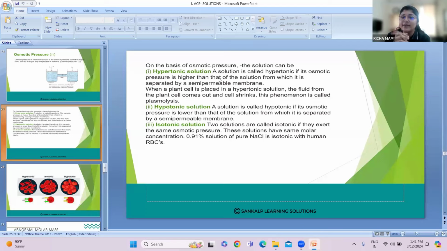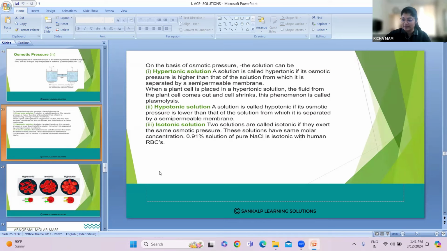Now what is the example of a hypotonic solution? If I take RBC, the red blood cells, and place them in a saline solution whose NaCl concentration is less than 0.91%, then the water will flow into the cell and the cell will swell.